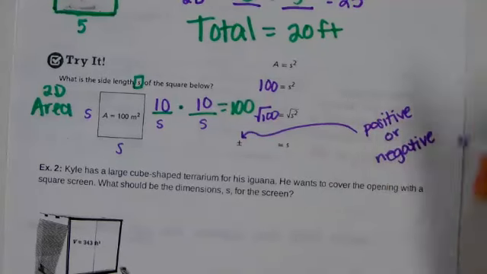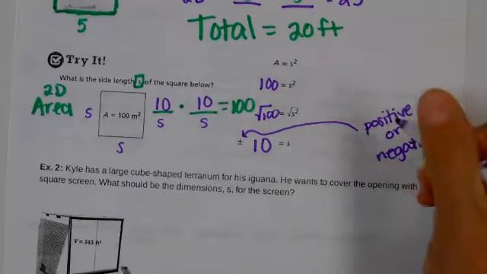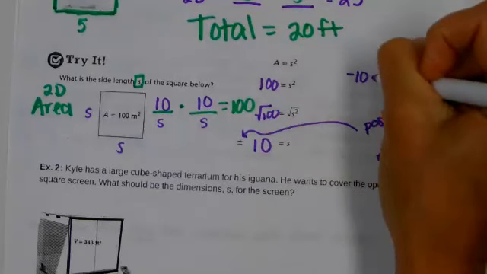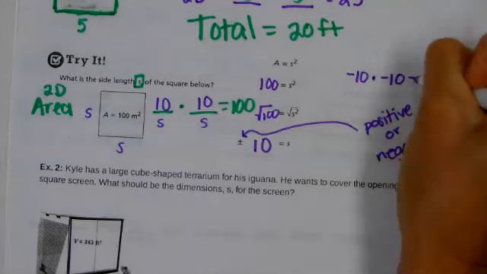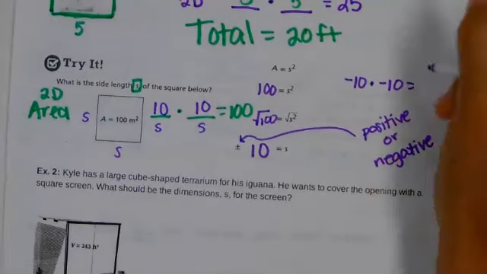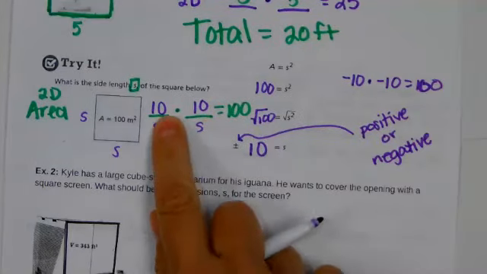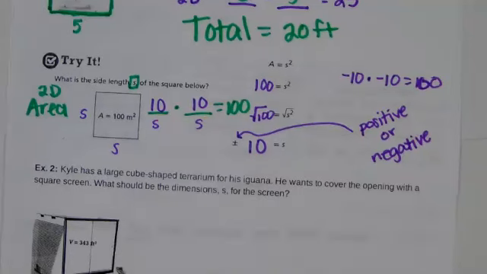Okay? So the answer here, we've been doing this the whole time. Our answer we came out with was positive 10, right? But let me ask you this, sidebar. What is negative 10 times negative 10? Positive what? 100.